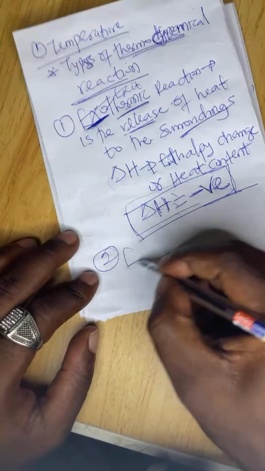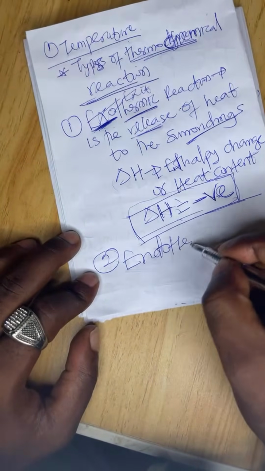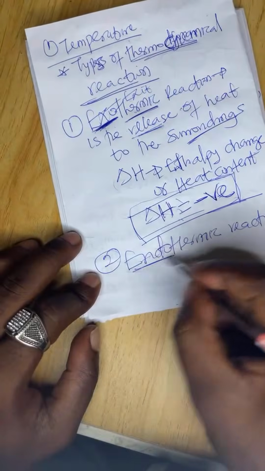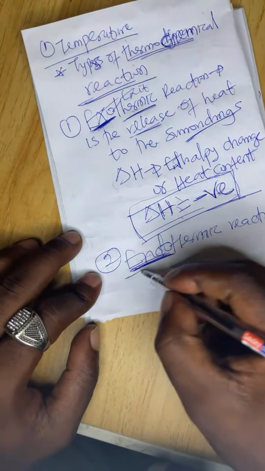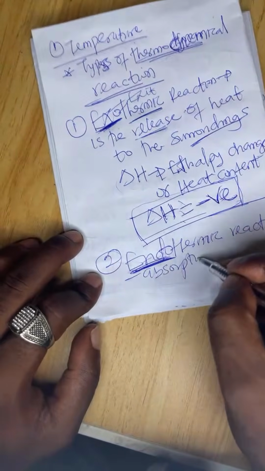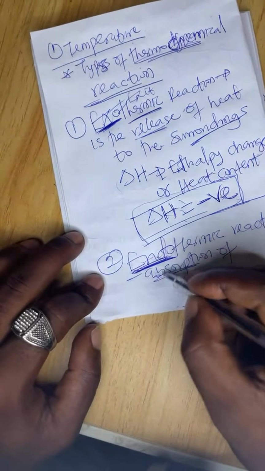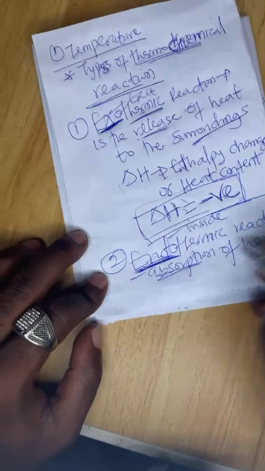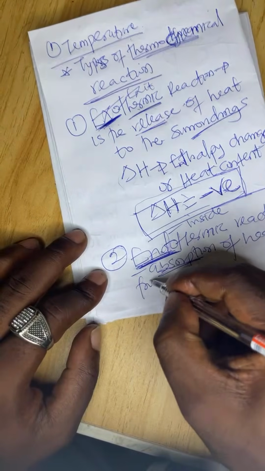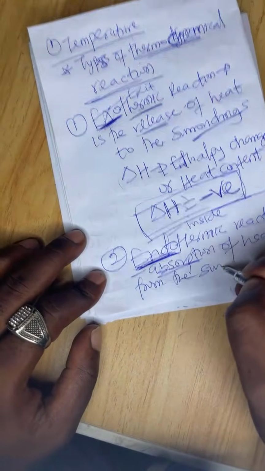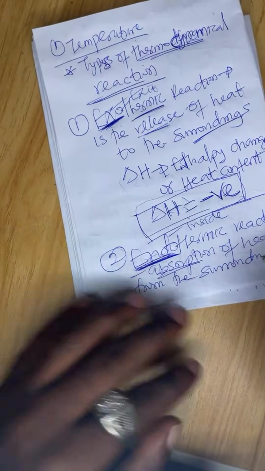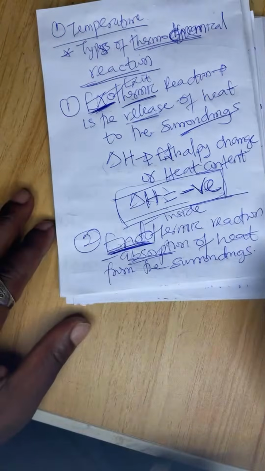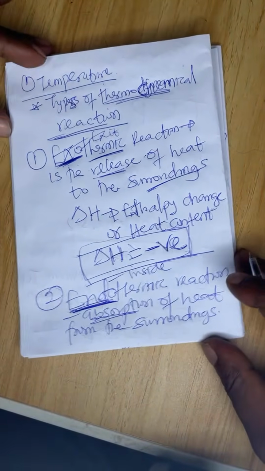Number two, endothermic reaction. Now, what is endo? Just like the name, endo, inside. So it is the absorption of heat from the surroundings.